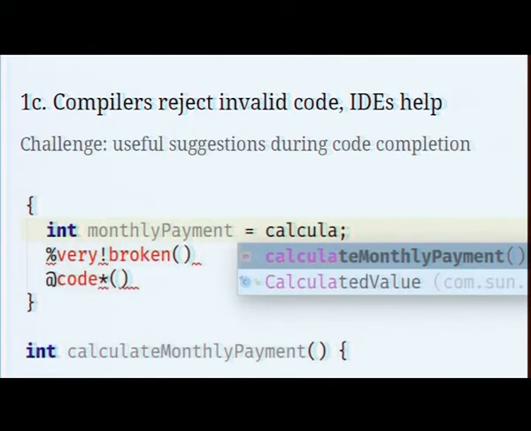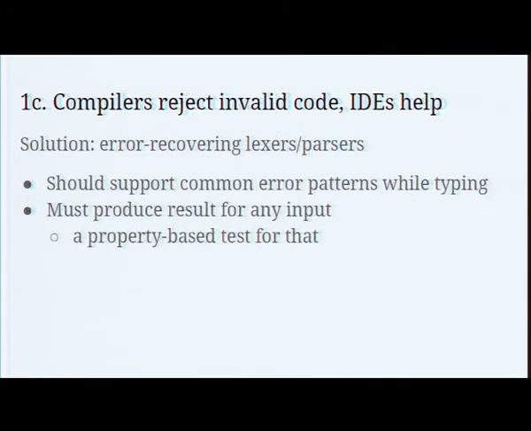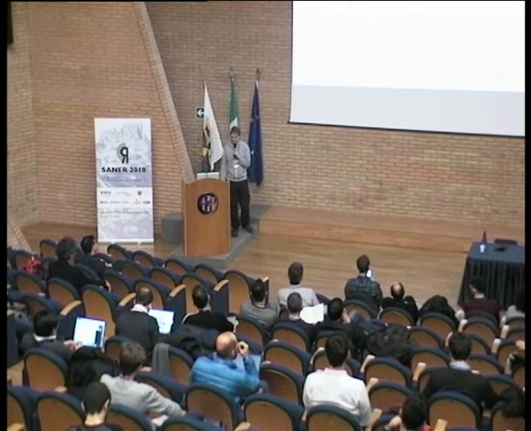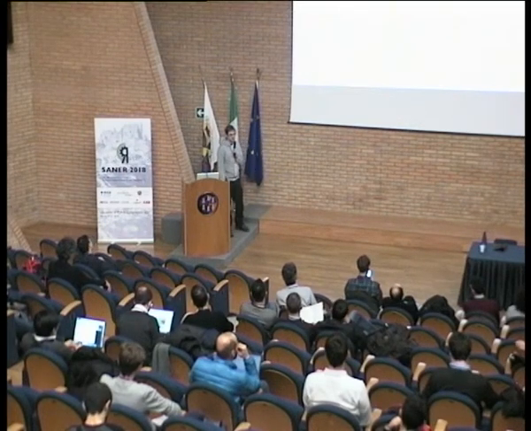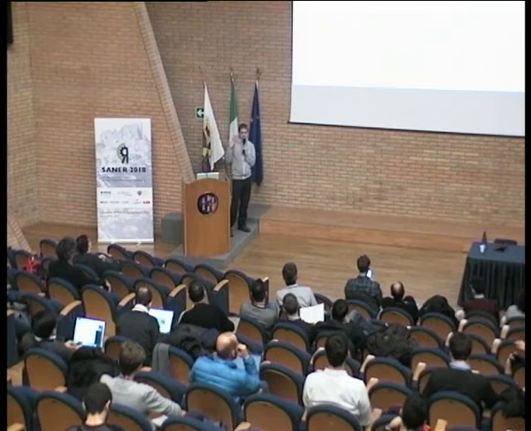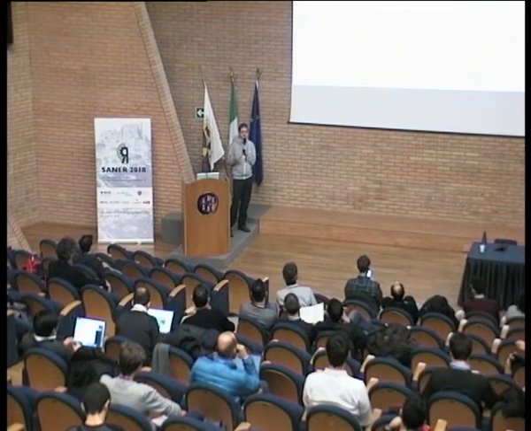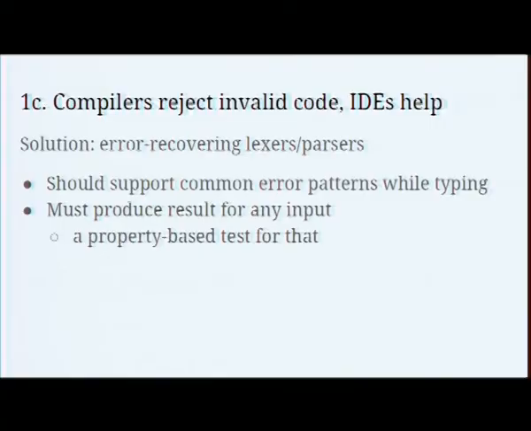And how do we address that? We have error recovery in our lexers and parsers and so on. And in our PSI, it's totally okay to have a method without a body, a method without a parameter list, and so on. And all clients should check for that.